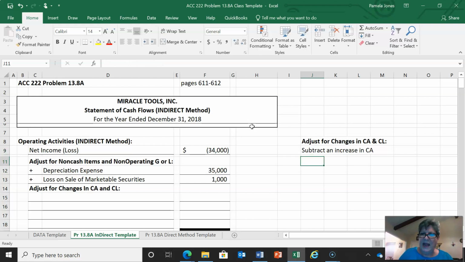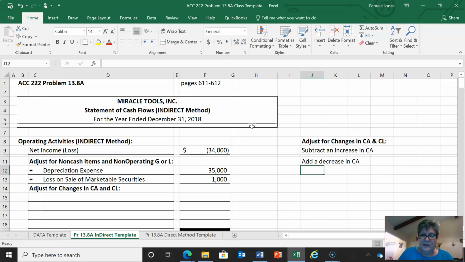And we would add a decrease in current assets, any current asset. So we go the opposite direction, kind of like what we did with adjusting revenue.